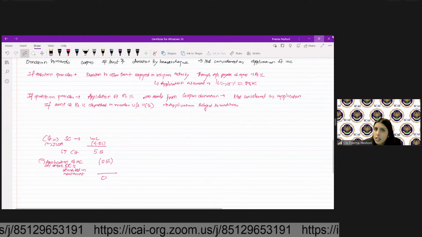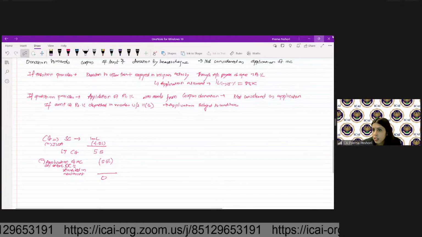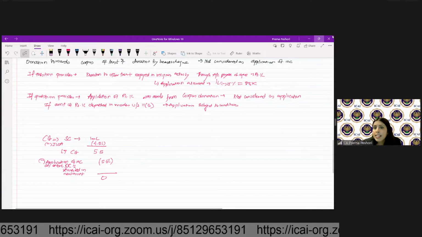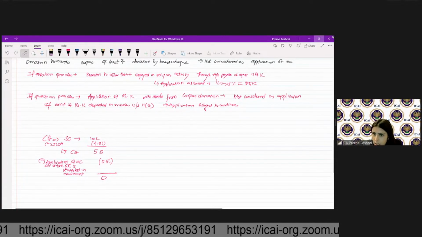Are we clear? In case I have invested, let's say, part sale consideration. Let's say I have invested only maybe 8 lakhs.